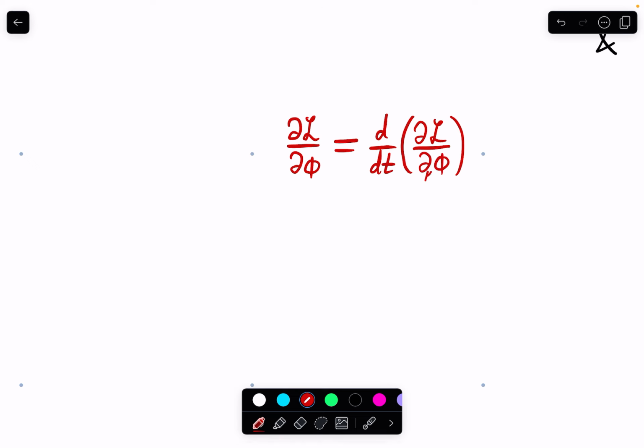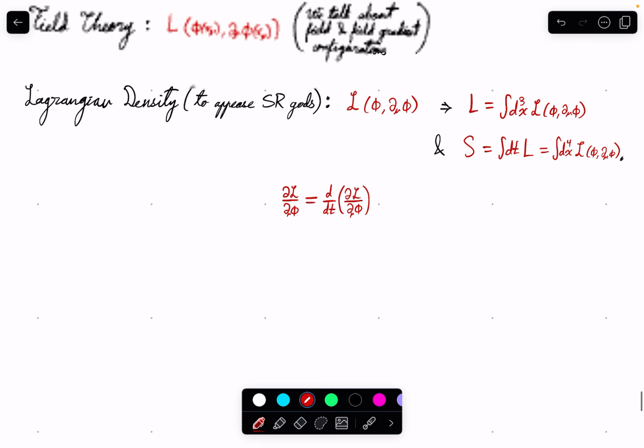Except these become the mu's like this. See that this is the Euler-Lagrange equation for field theory.